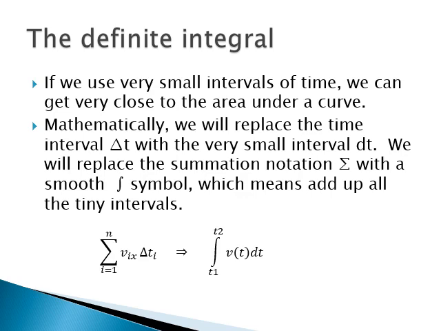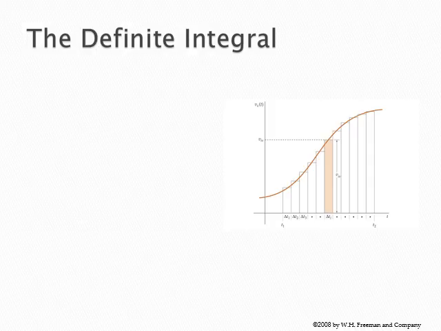Now, how do we calculate that, though? We're going to try to go from a finite sum to an infinitesimally small interval sum. Well, how do we calculate that? Well, we already know how to calculate for certain functions what the displacement is.